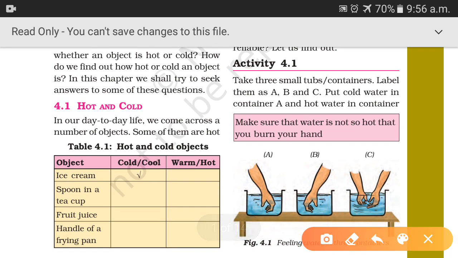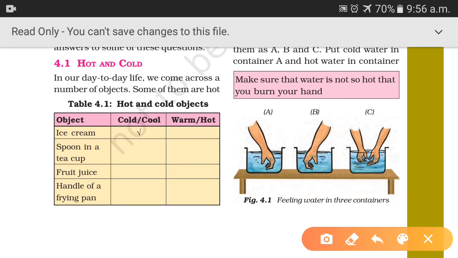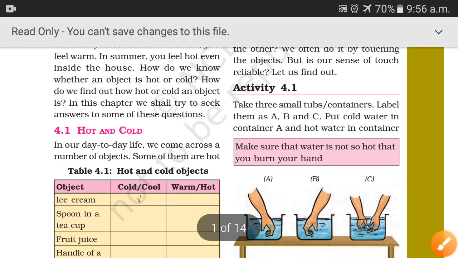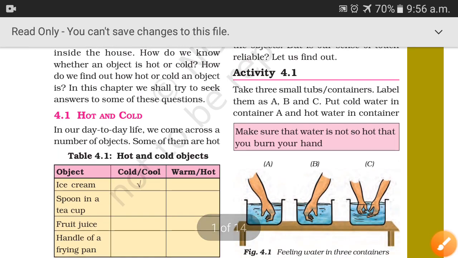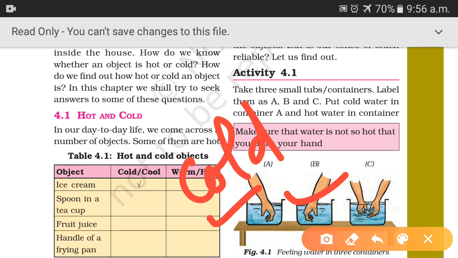As you can see here, these are the 3 containers A, B and C. In container A you will put some cold water. In container B you will put some hot water.